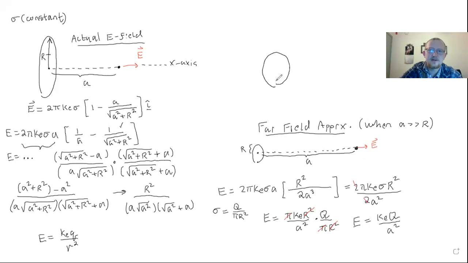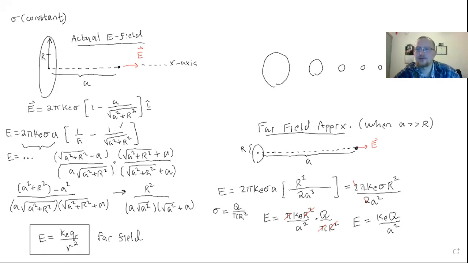When you're close, it's going to look like this. You start backing away though, it gets smaller and smaller, and pretty soon it's just behaving like a point charge, and out pops this equation that we are now used to. So this is the far field equation for this.